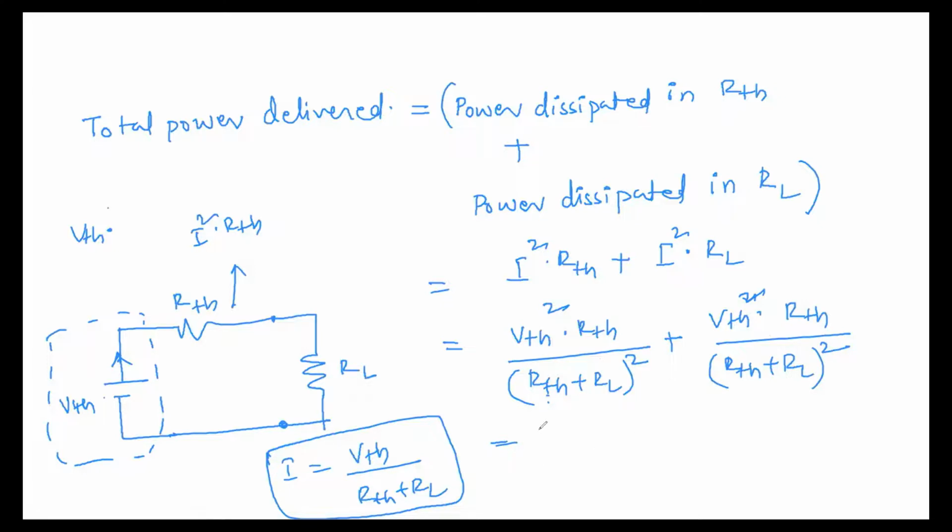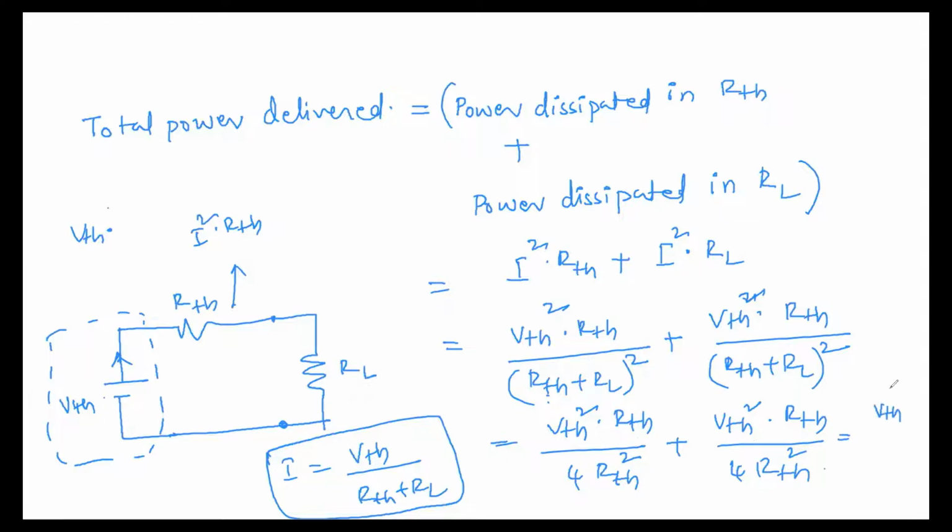Here it becomes VTH square into RTH over 4 RTH square, plus VTH square into RTH over 4 RTH square. Finally, what you get is VTH square divided by 2 RTH. Okay, so this is what you have to get.